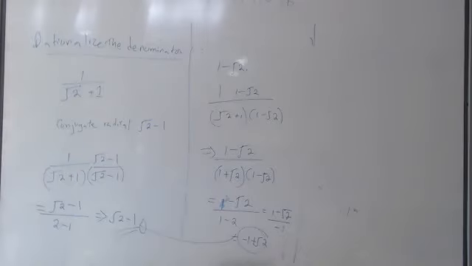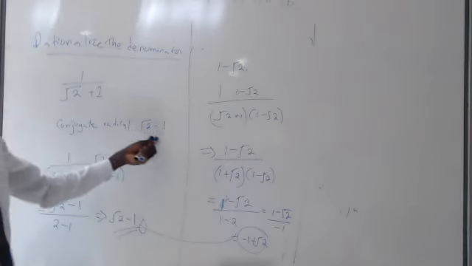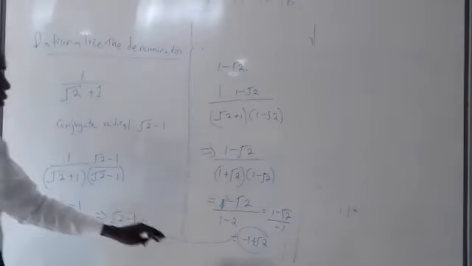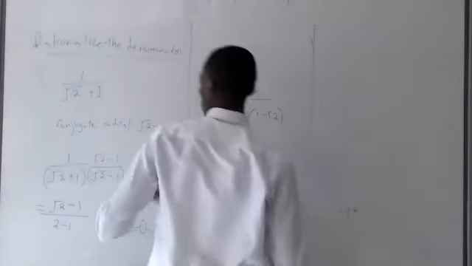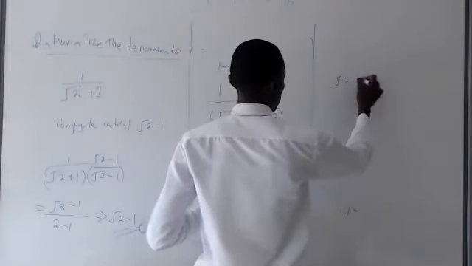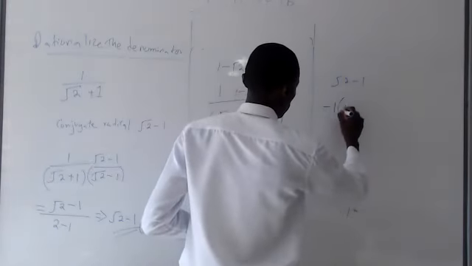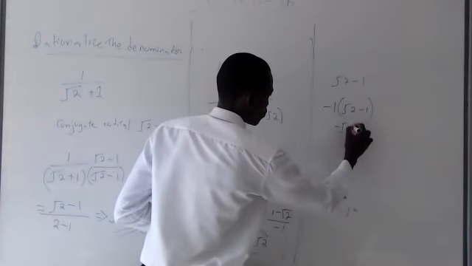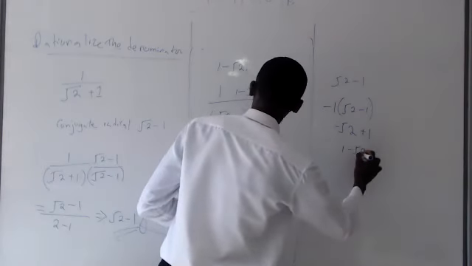It's not an alternative. I just asked, what if someone used a negative of this? So what we have here is root 2 minus 1. Then take -1 times root 2 minus 1. -1 times root 2 is negative root 2. -1 times 1 is plus 1, which is 1 minus root 2.